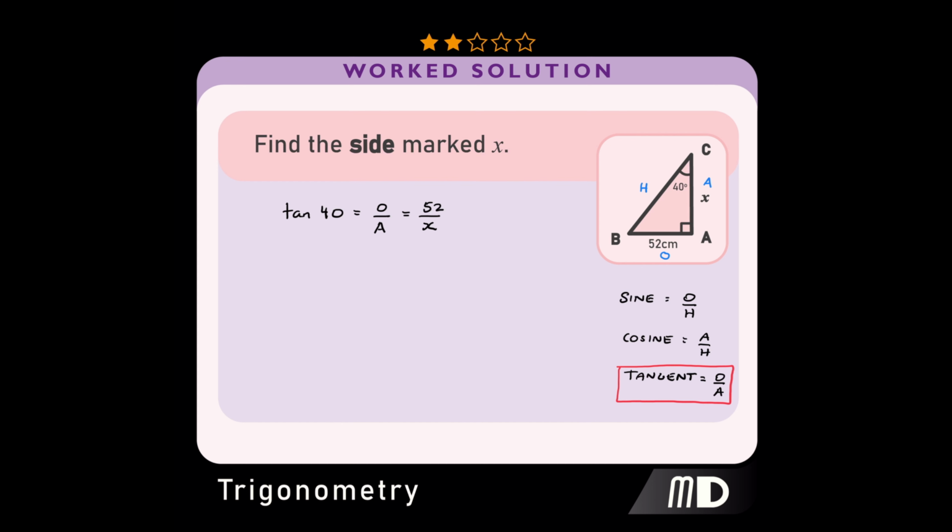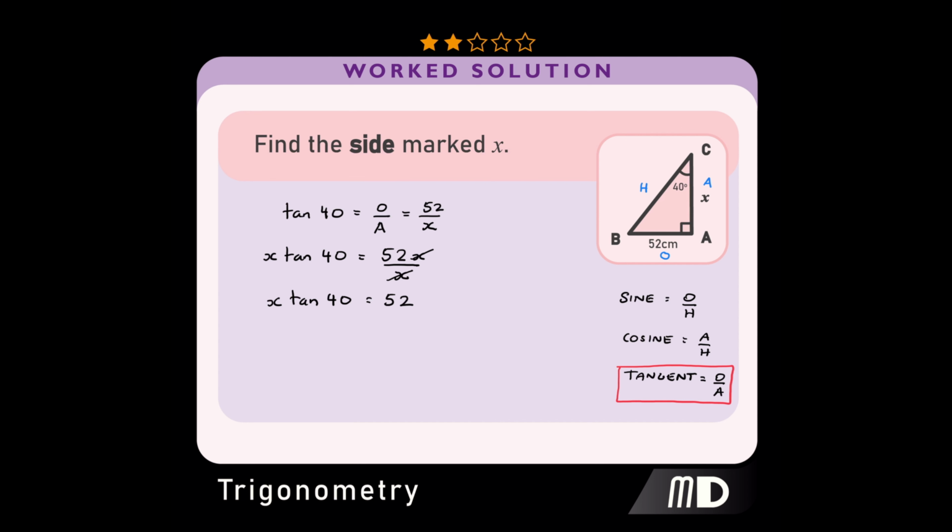To find x, we need to isolate it. We can do that by multiplying both sides by x, which gives us x multiplied by the tangent of 40 equal to 52x divided by x, which simplifies to x multiplied by the tangent of 40 equal to 52.